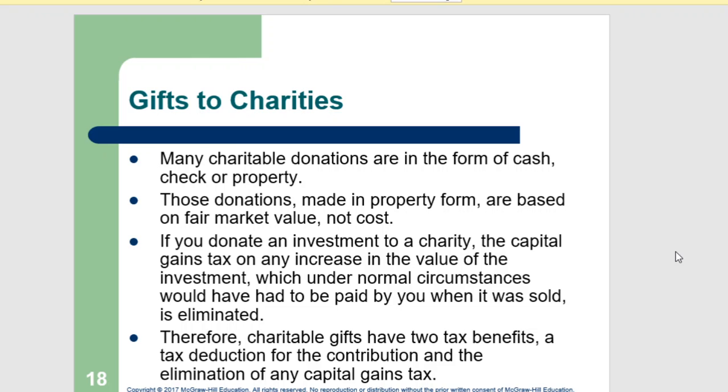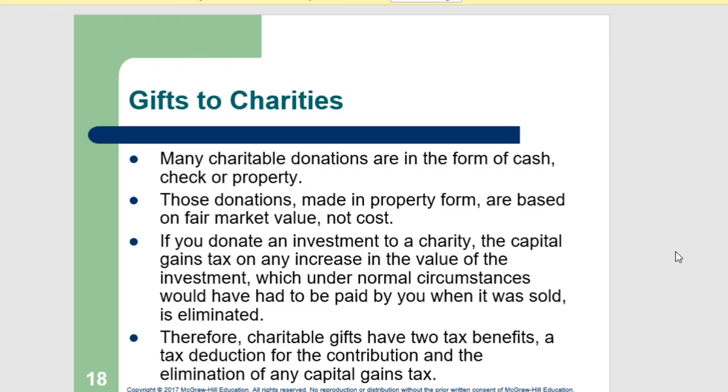So, if you were to donate those shares to charity, then the capital gains tax on any increase in value is eliminated. Let's say I bought at $10, went up to $100. If I donate those $100 shares to my church, now I'm not paying any tax. You don't get any money from that because you've donated it, but let's say I was going to make that donation anyway.